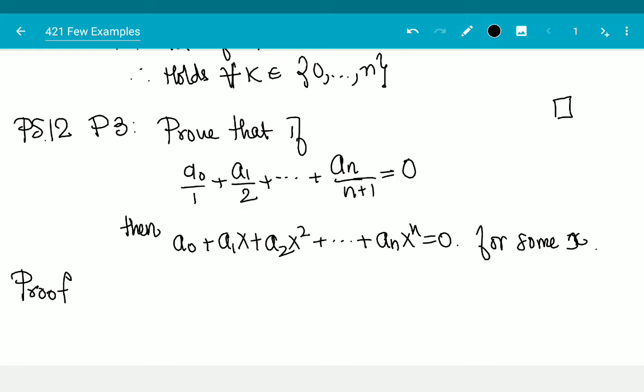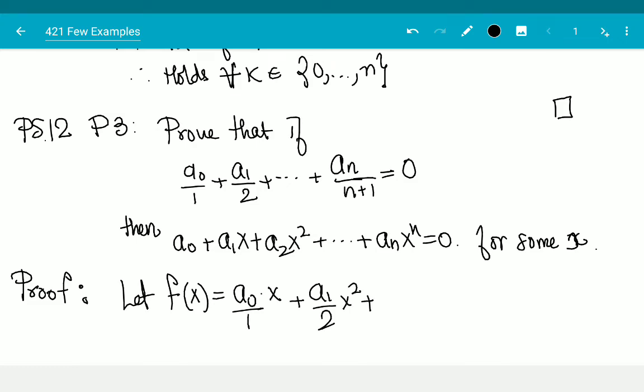Proof. Let f of x be equal to a naught over 1 x plus a1 over 2 x squared plus dot dot dot plus an over n plus 1 x to the n plus 1.